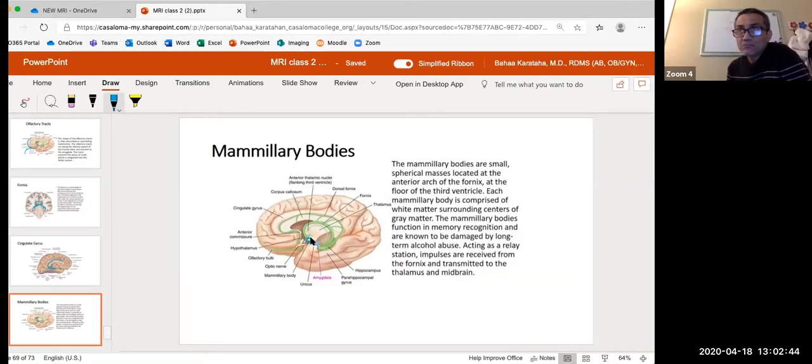And it has been postulated that people who have a problem with their memory, that means those mammillary bodies are affected. And it has been said that people who are heavy drinkers do damage this part, and this is why people who are alcoholic usually have lower memory than a normal person, and they said it is because the mammillary bodies are damaged by the alcohol.